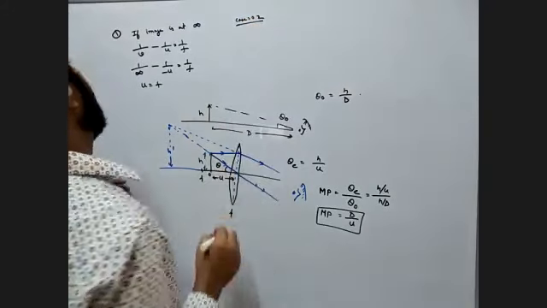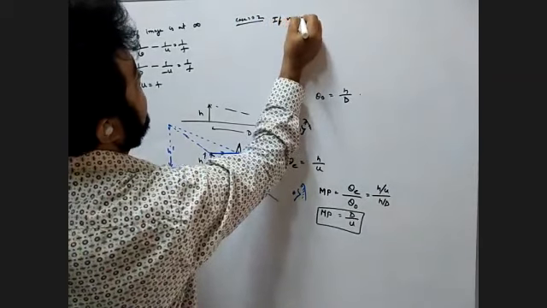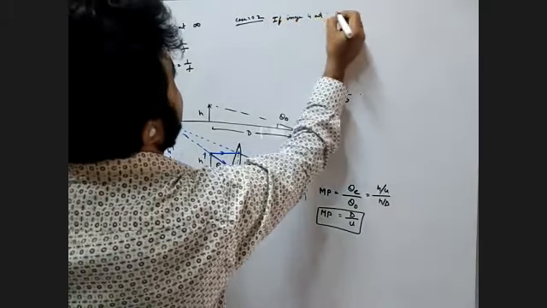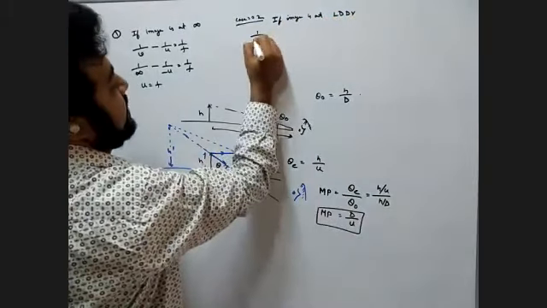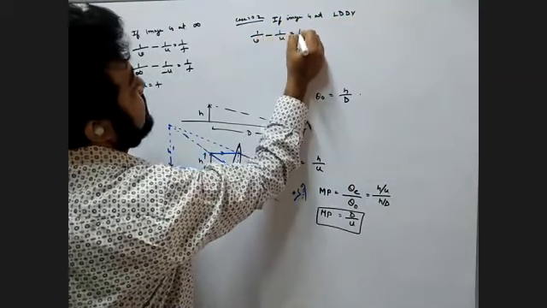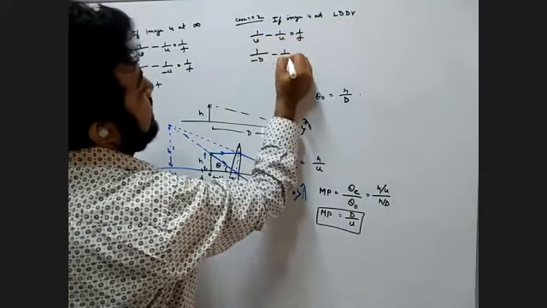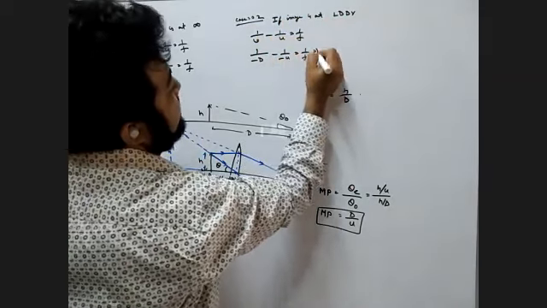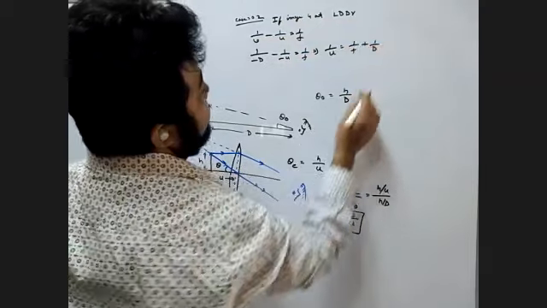these two are the same common. If the image is at LDDV, so 1 by v minus 1 by u is 1 by f, with v equal to minus d, minus 1 by d minus 1 by u is 1 by f, so 1 by u is 1 by d plus 1 by f.